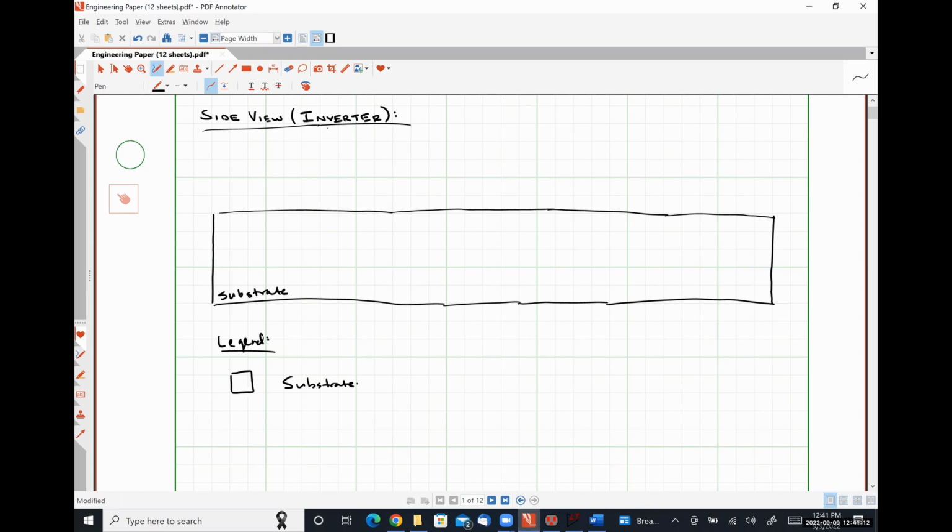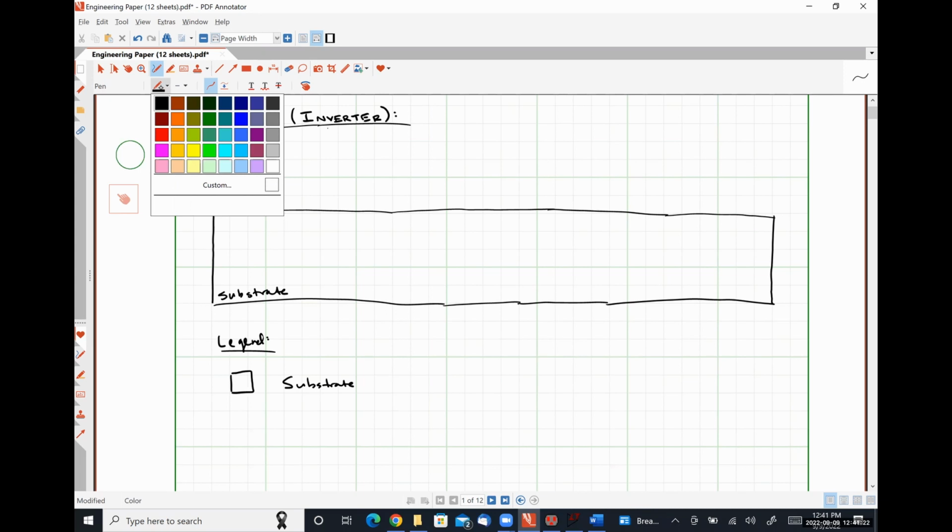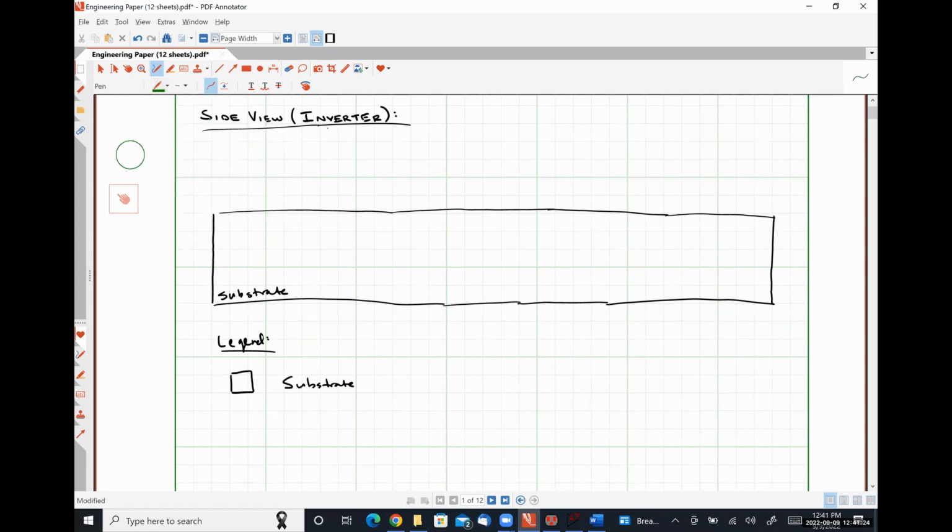So, in order to do our NMOS transistor, what we are going to have is a region that looks something like this. And this is our N active region.